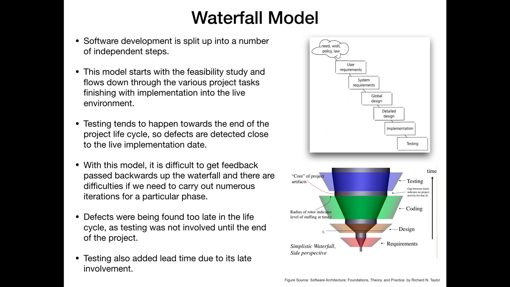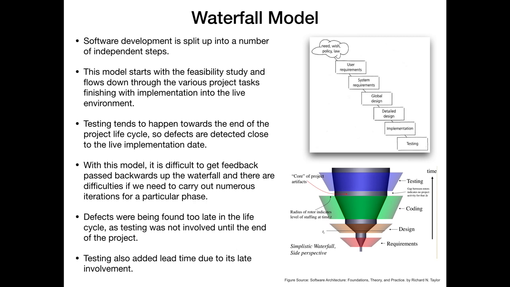The waterfall model is the classical software development model that splits the development phases into independent steps, and these steps are done sequentially. So for example, you take the requirement and then the design and then detailed design and the implementation, and finally you do the testing.